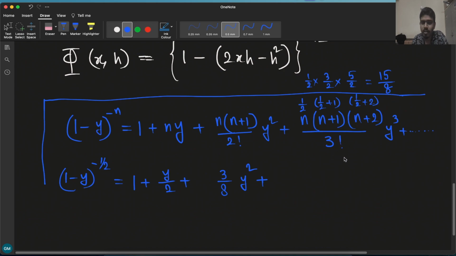And there is a 3 factorial here, so it is 48, so 15 by 48 y cubed plus and so on.